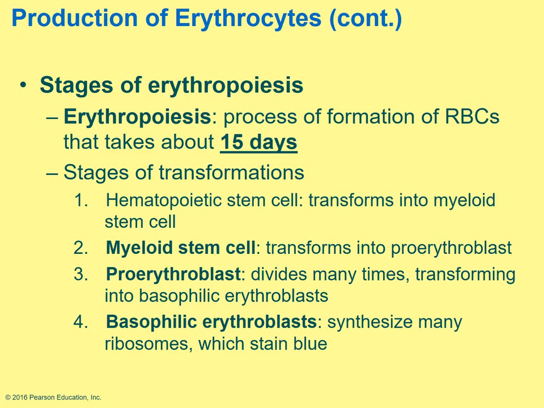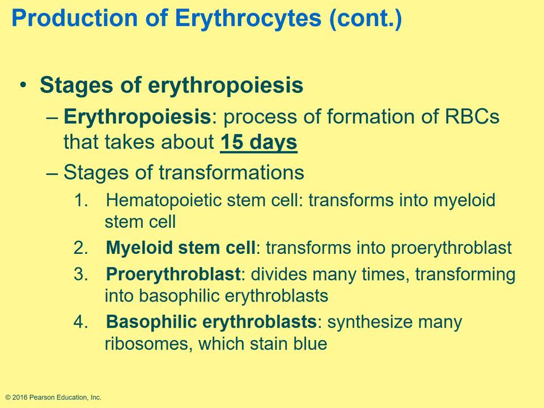So the stages of erythropoiesis, this formation of the red blood cells. The process is going to be about 15 days. You're going to start at the beginning with a stem cell, the hemopoietic stem cell, and it's going to then transform into a myeloid stem cell, which then is going to transform into a proerythroblast.